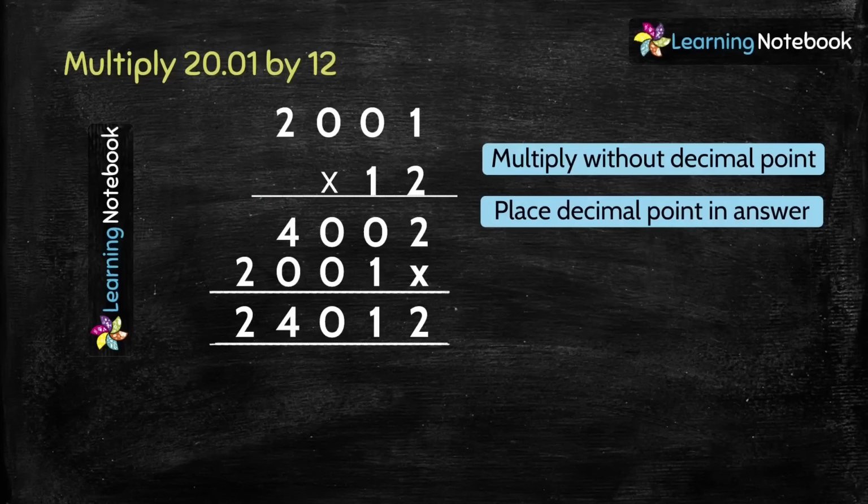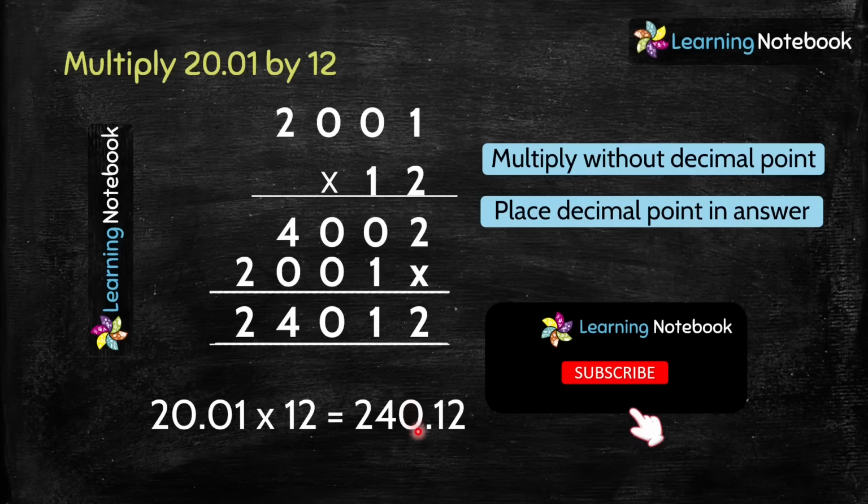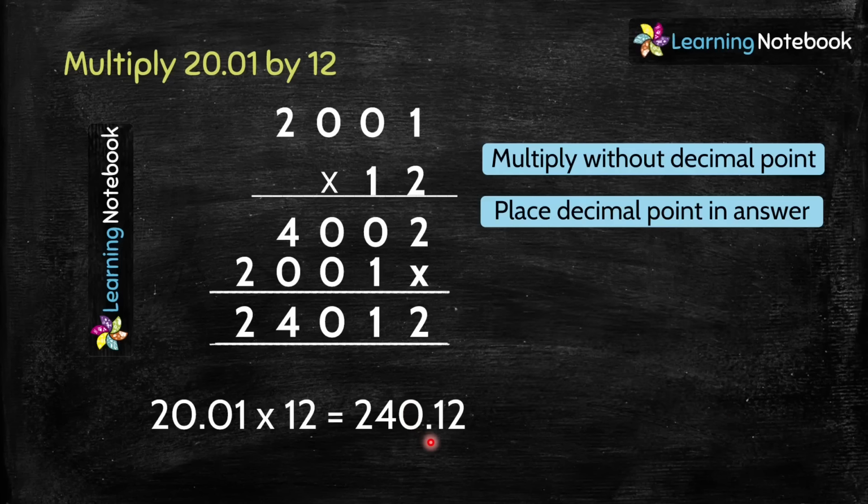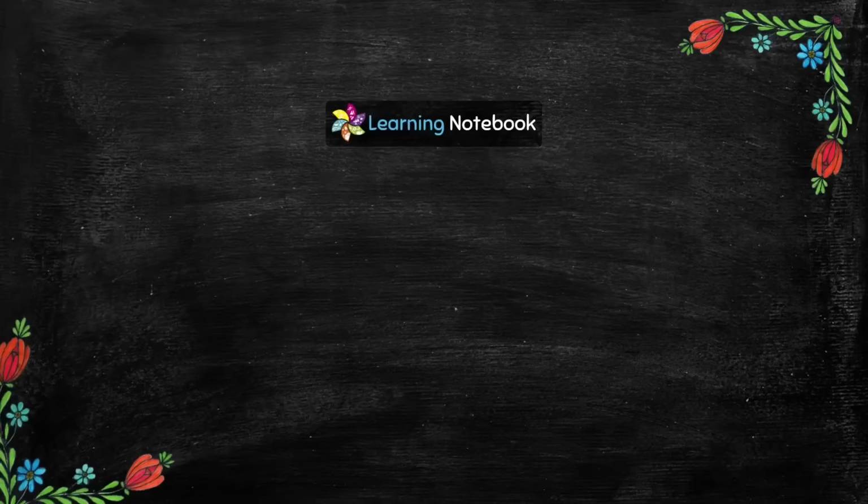Now let's place decimal point in the answer. The given decimal number has 2 decimal places. So product will also have 2 decimal places. So count from right. 1, 2 and then put the decimal point. So we get the answer as 240.12. So students, this is how we multiply a decimal number by a whole number.